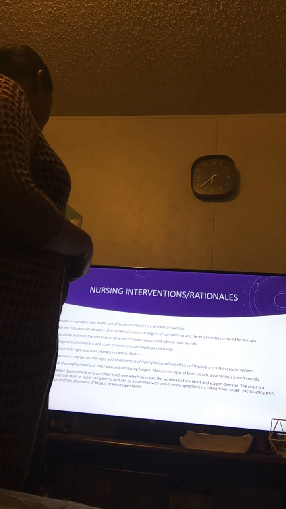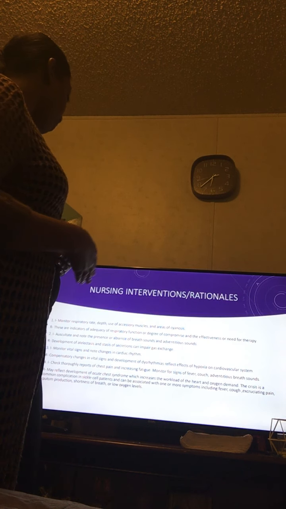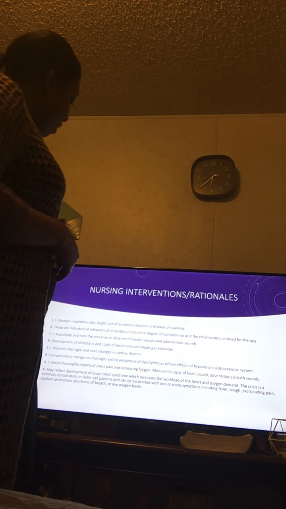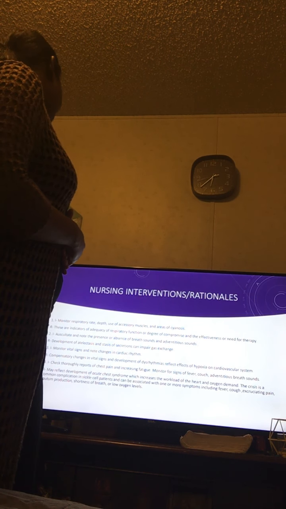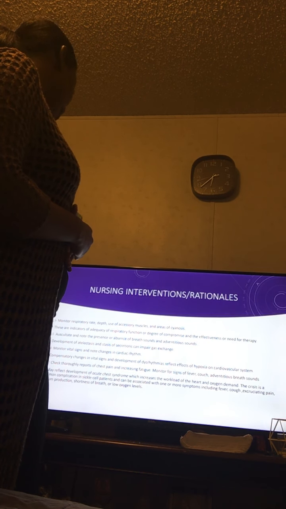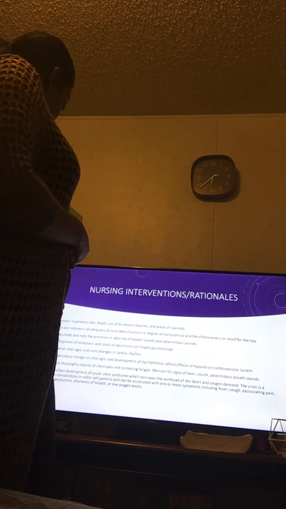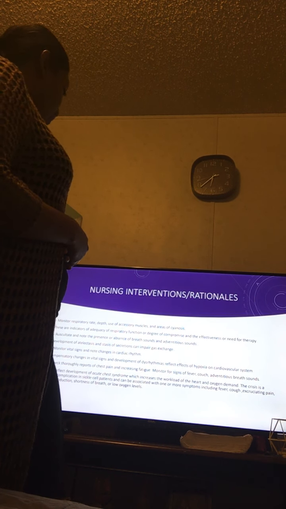Auscultate and note the presence or absence of breath sounds and adventitious sounds. Development of atelectasis and stasis of secretions can impair gas exchange. Monitor vital signs and note changes in cardiac rhythms. Compensatory changes in vital signs and development of arrhythmias reflect effects of hypoxia on the cardiovascular system.